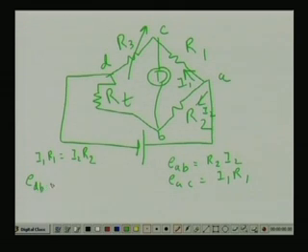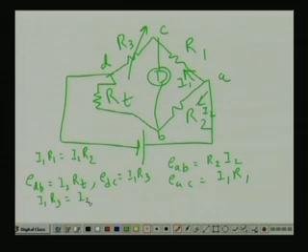So on this side I can write EDB will be equal to I2 into RT, and EDC, the same current will flow, so I1 will flow through this one, I1 into R3. So I can write I1 into R3 equal to I2 into RT.